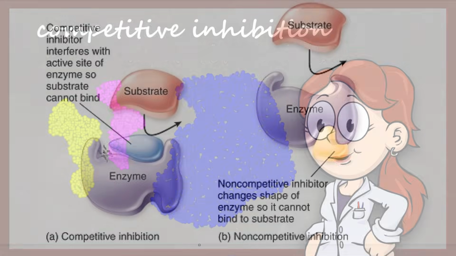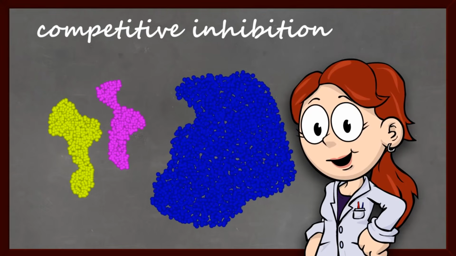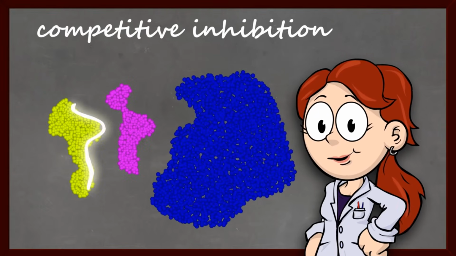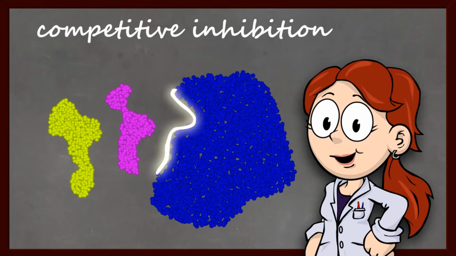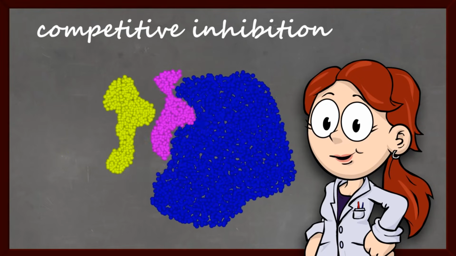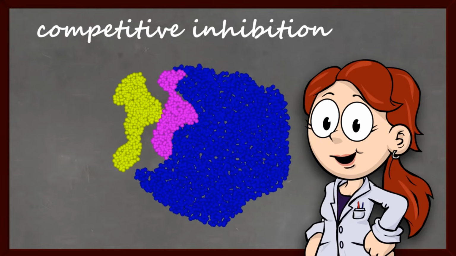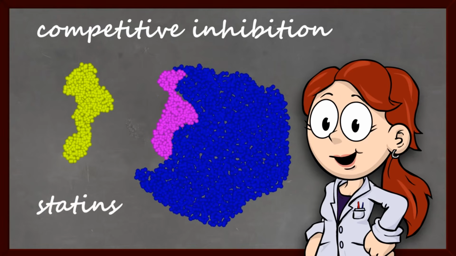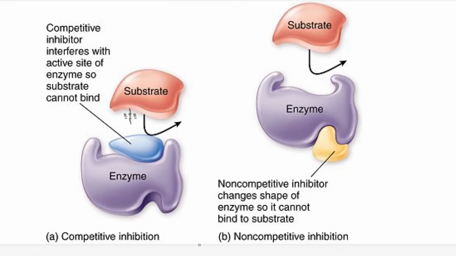Now, the active site has a high specificity, which means that the substrate has to have a specific shape in order to fit into this little depression. So if something else is blocking it, or has this specific set of amino acid sequences to bond to part of the active site, this would prevent the substrate from attaching. So this is what is called competitive inhibition.